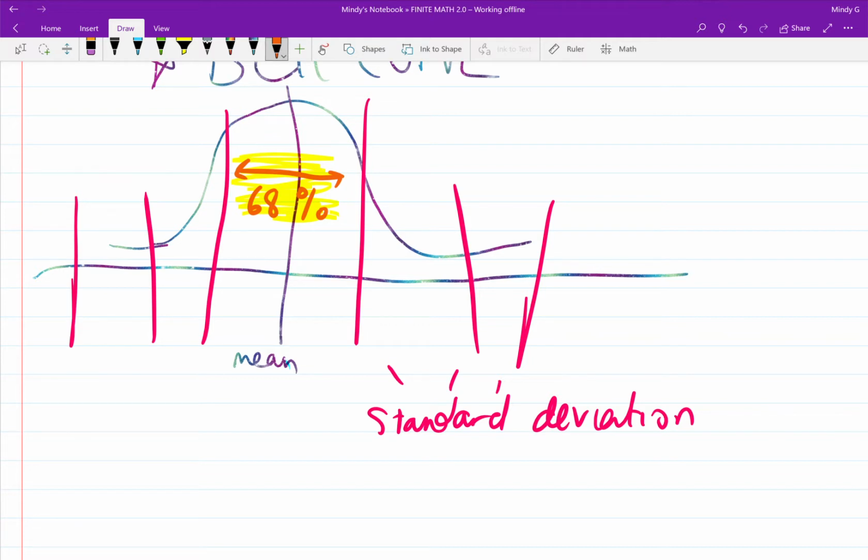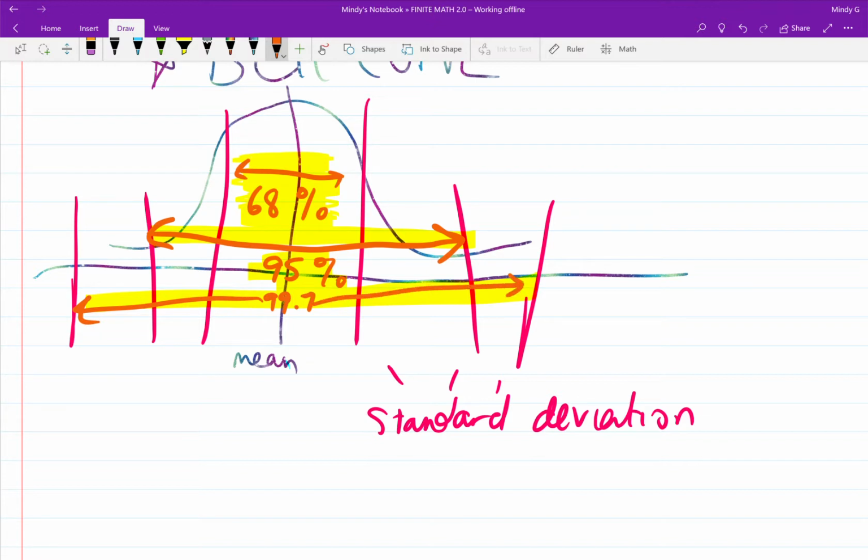95% of your data falls within two standard deviations. And then 99.7% of your data falls within 3 standard deviations.